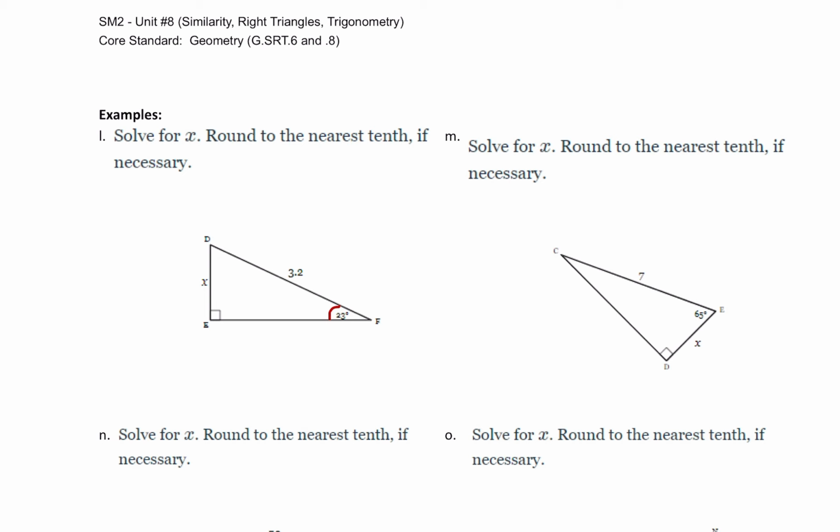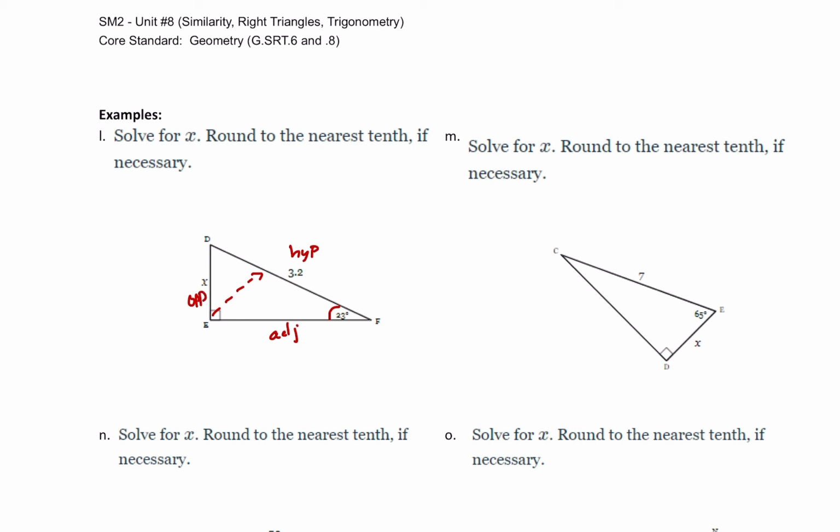Then I need to label my sides. That's step 2. I want to label my hypotenuse, which is always across from the 90-degree angle. Then I want to label my adjacent, because it's always touching this angle right here. And then I would label my opposite, the one that's left over.